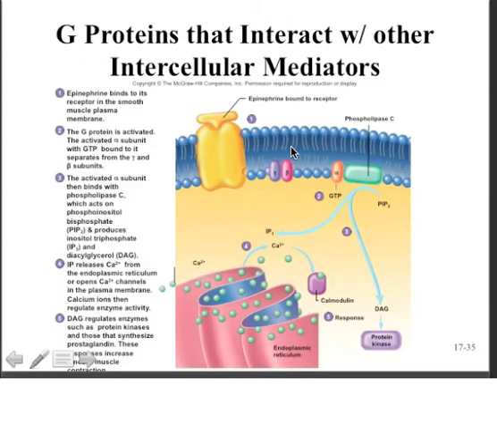This diagram is just showing you an example of a G protein second messenger system in which the hormone binds to its receptor on the surface and activates a cascade of events downstream. So here we can see the example given as epinephrine, and what happens when epinephrine binds its plasma membrane receptor is that it will trigger the activation of a G protein which is associated with that receptor.